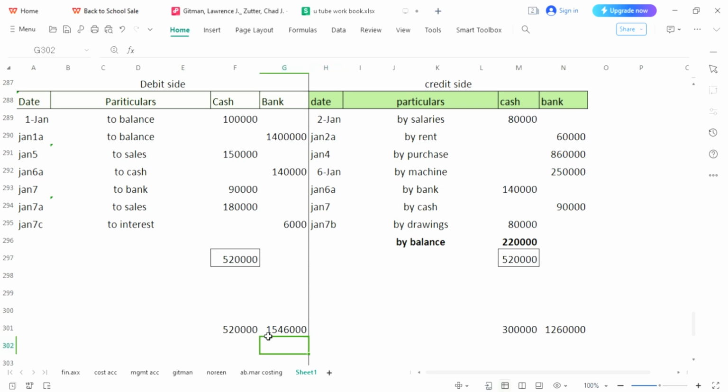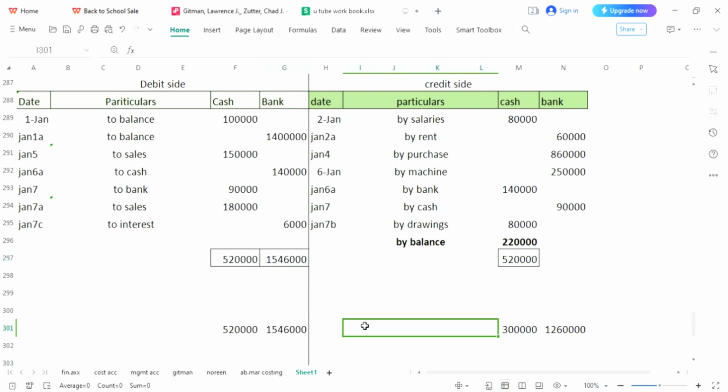Look at here, 15 lakh 46,000 and 12 lakh. The larger sum is 15 lakh. So you will write 15 lakh 46,000 on the debit side, and finally you will be putting an outer line border.